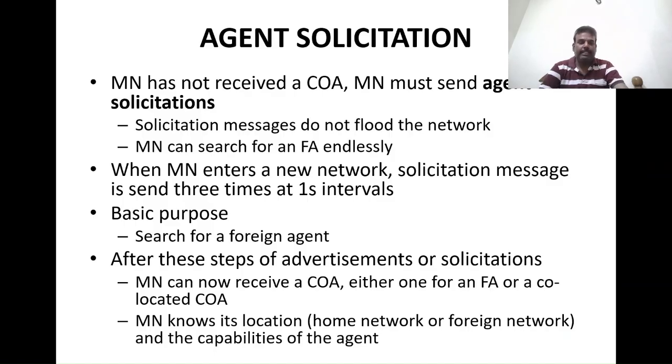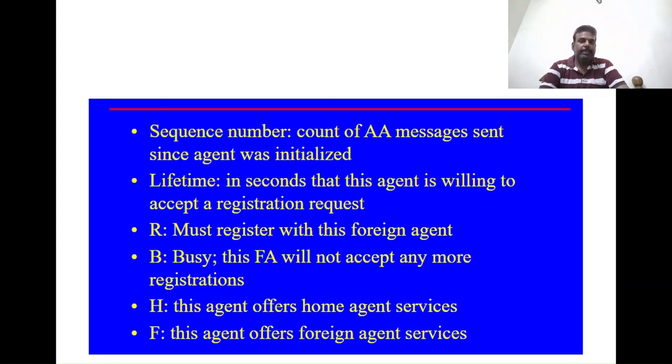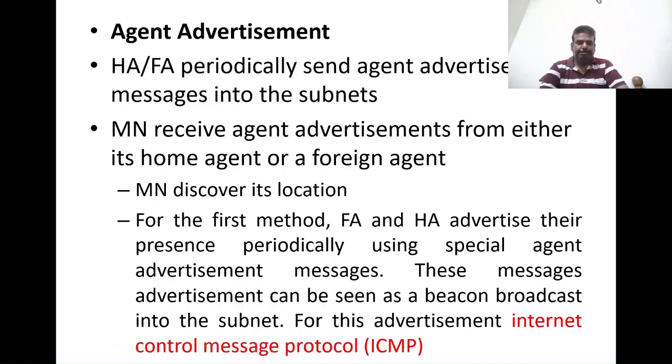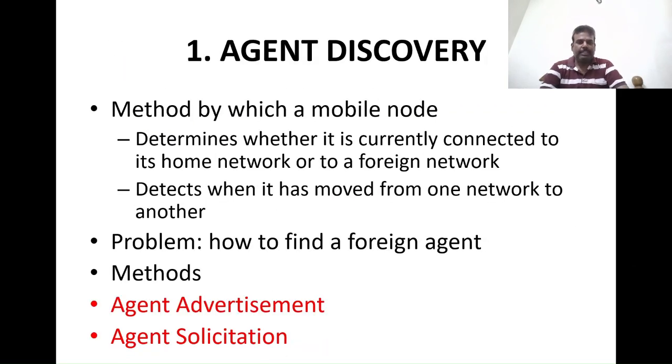That is the care of address. The mobile node knows its location by finding either these advertisement messages or these solicitation messages. So when you are shifting from one location to another, your mobile node has to find its location.